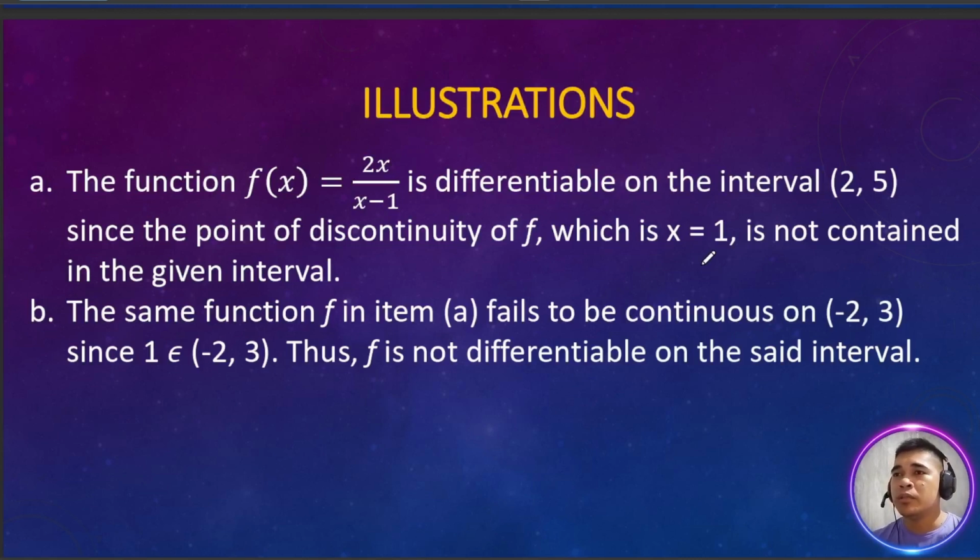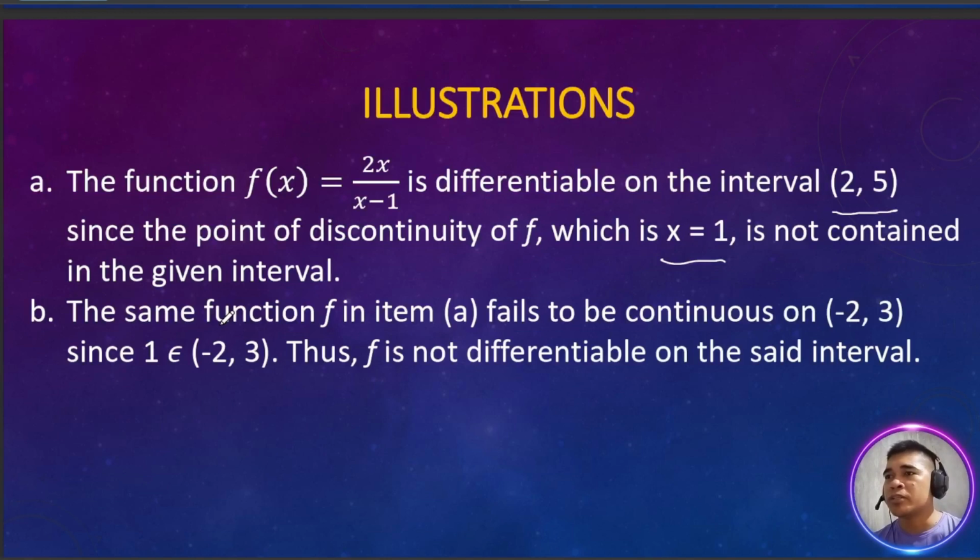But when our x is equal to 1, hindi siya pwede, kay it will become 0 ang denominator. So there is a discontinuity. In the given open interval 2, 5, that is differentiable.